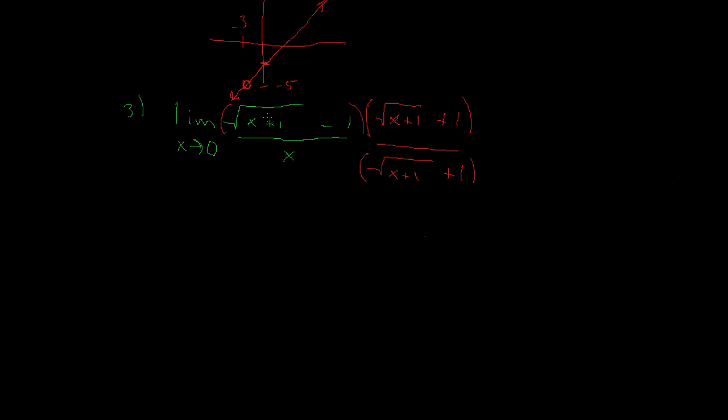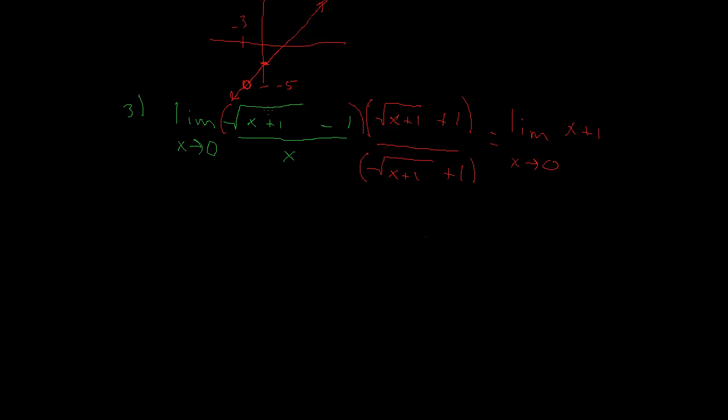Okay, so now if I were to multiply these two binomials together, I would get the following. I'm just going to rewrite my limit statement here. Well, my first term, when I multiply this times this, the square roots kind of undo each other and I'm left with just x plus 1. Notice my middle term is going to drop out.